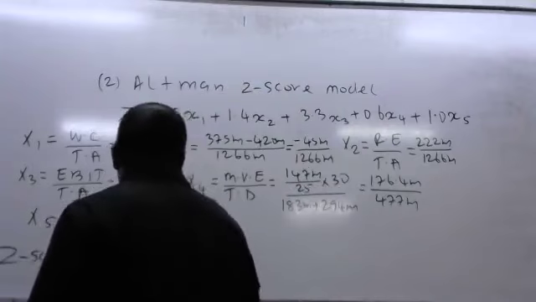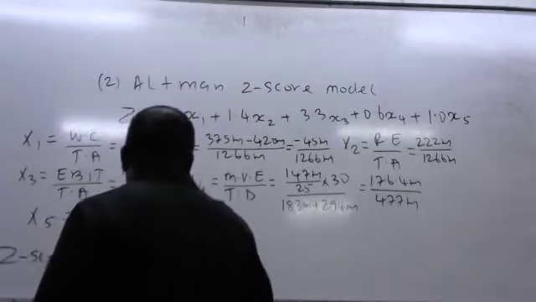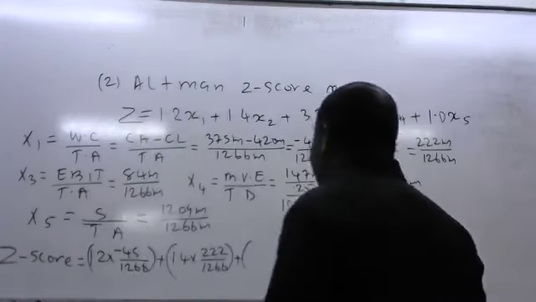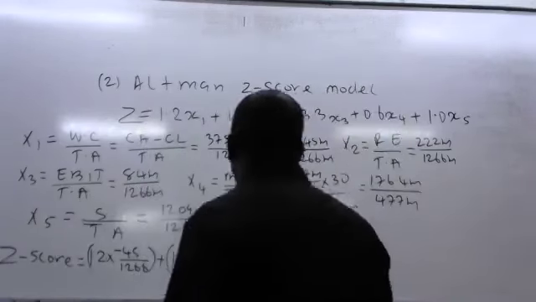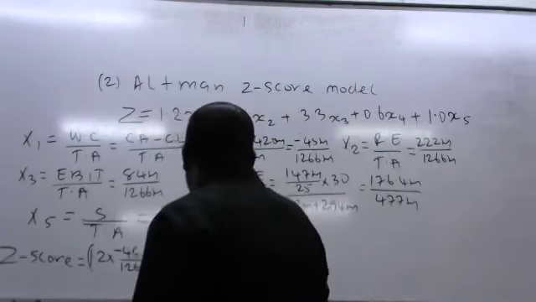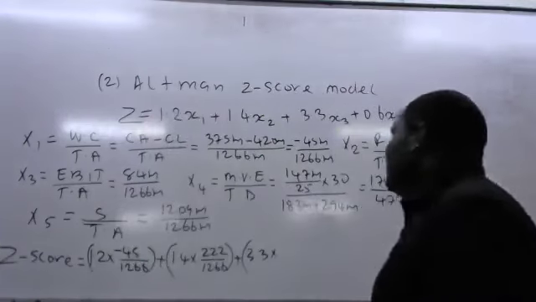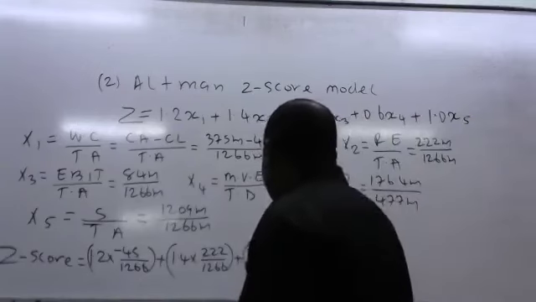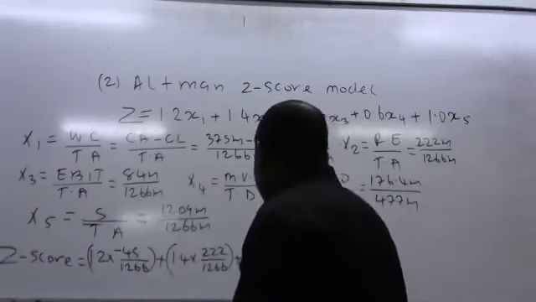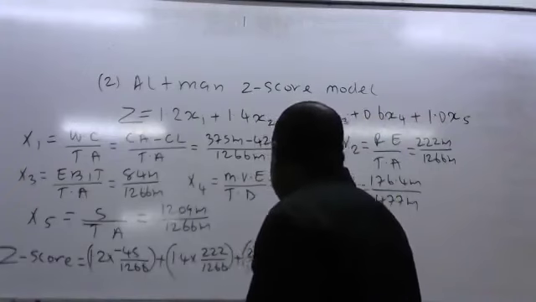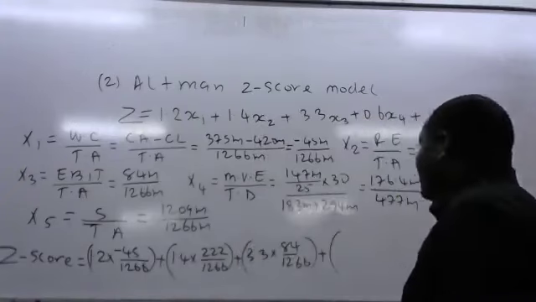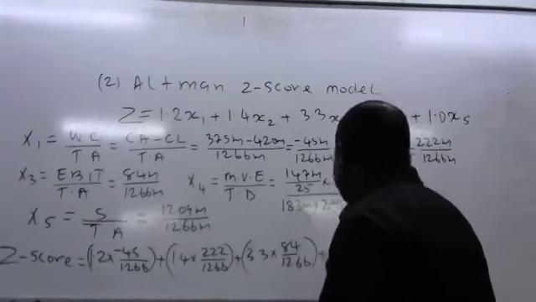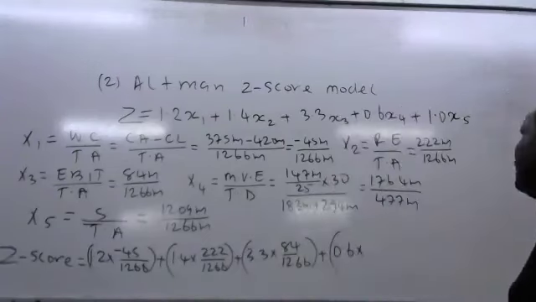Also divide by 1266. Then also 3.3 x3. So x3 is 84, also divided by 1266. Then there is 0.6 x4.